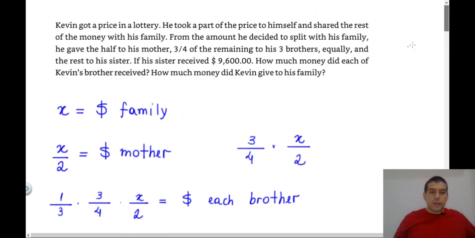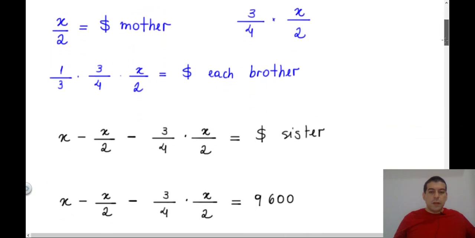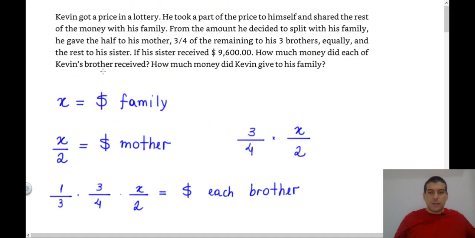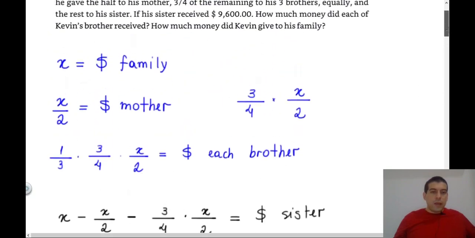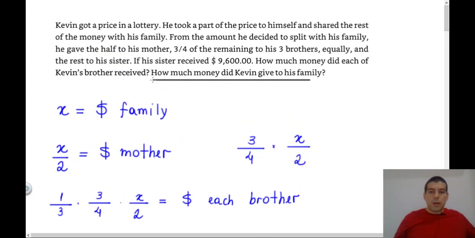And the question asks us how much money each of Kevin's brothers received and how much money Kevin gave to his family. So let's find out. If I find X from the equation that we have here, I can answer the question about how much money Kevin gave to his family. So let's find out this question firstly, okay?